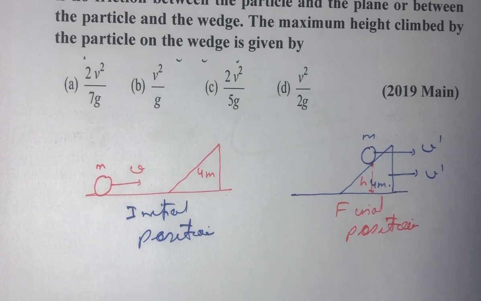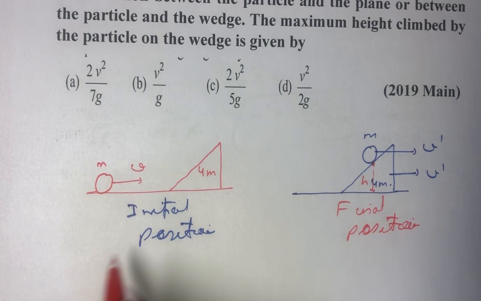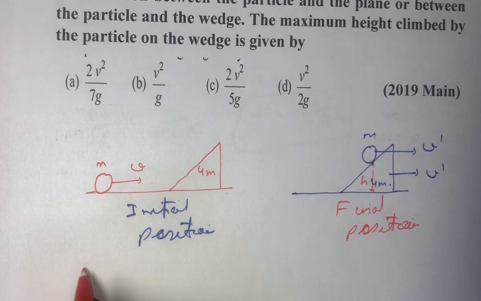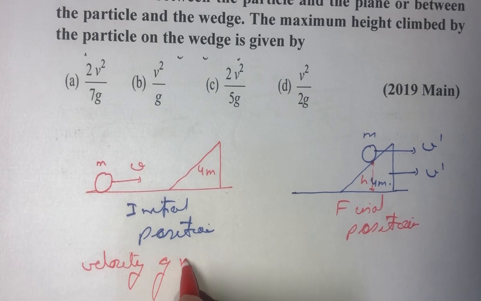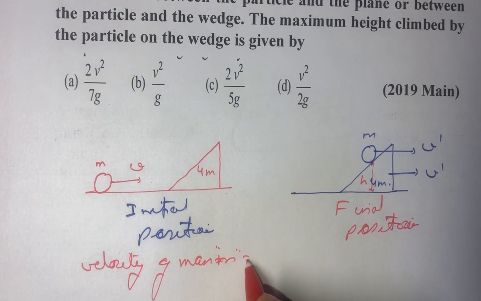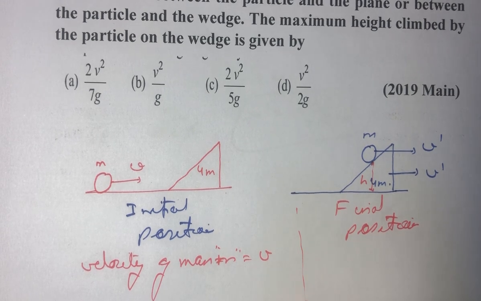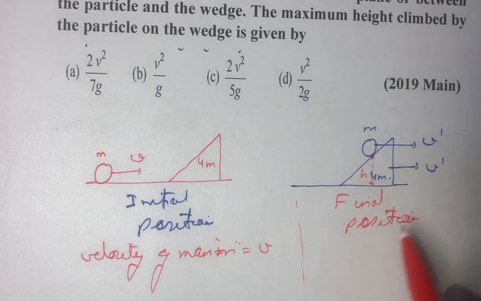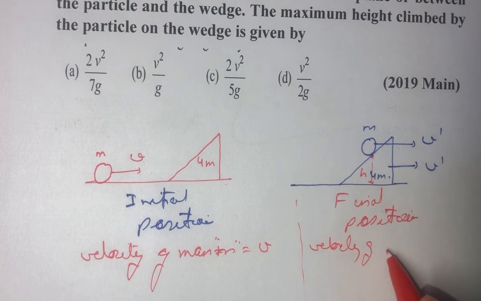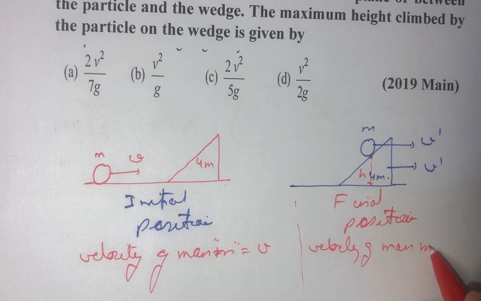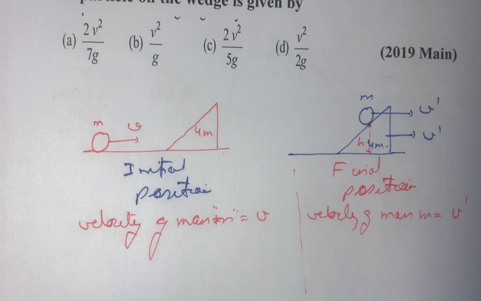So in initial position, velocity of mass m is given as v, and in the final position, velocity of mass m is given as v prime.